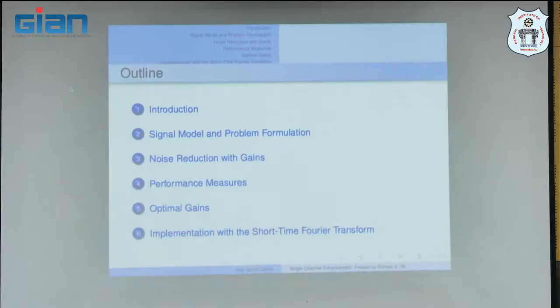It will give you the basics of how to implement, using MATLAB code, the things we learned in class based on the mathematics. It's very important. And then you will be able to write your own code for more sophisticated things.